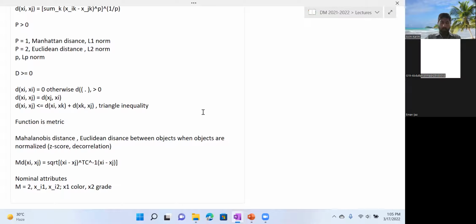If you have all nominal attributes, you can simply do simple matching. What we have is what is known as the simple matching coefficient.